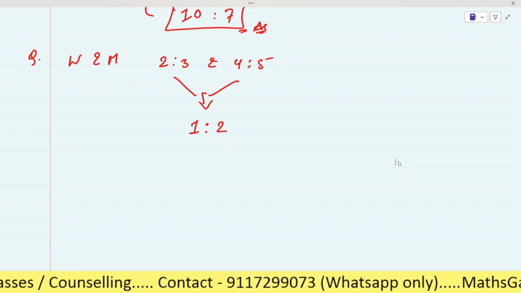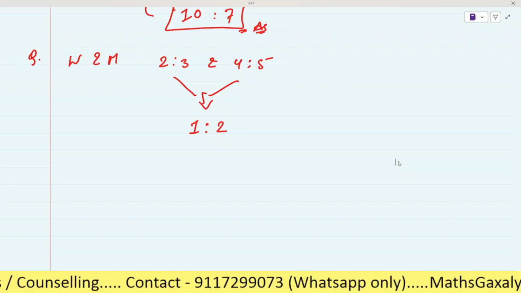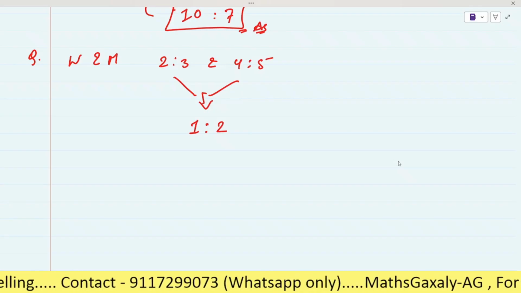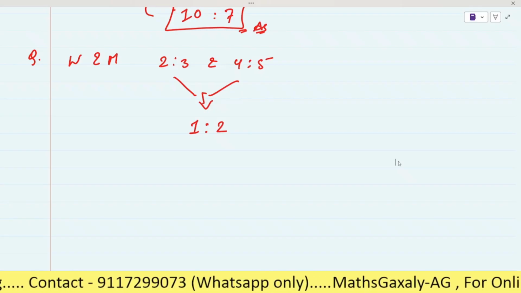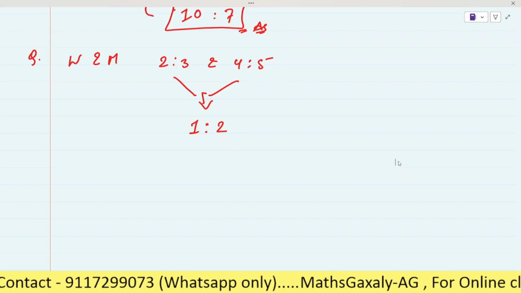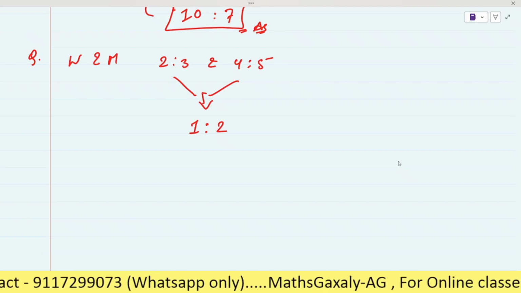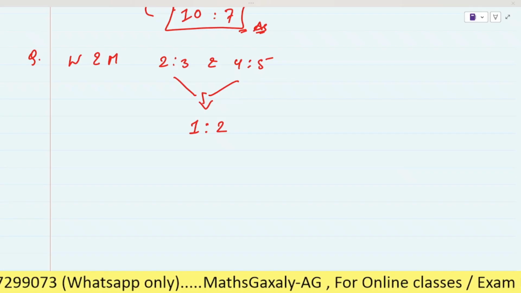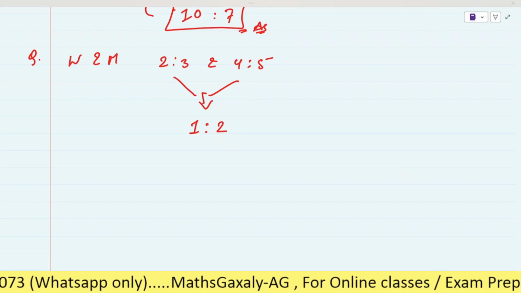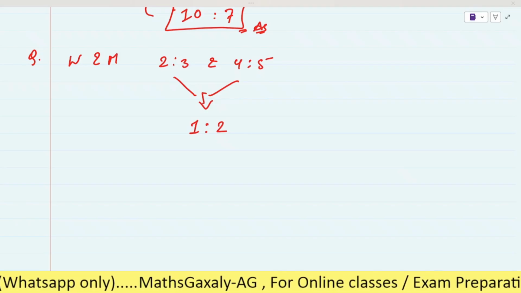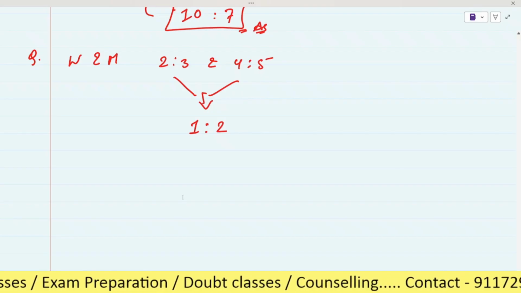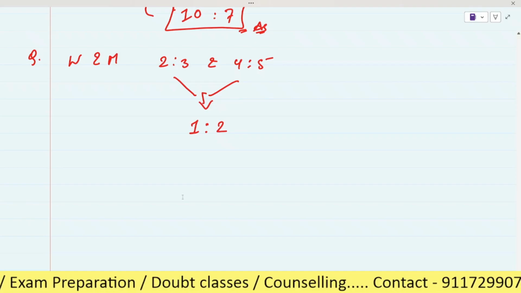They are mixed in the ratio 1 is to 2, meaning these two containers are mixed in the ratio of 1 is to 2. The resulting mixture will have water and milk in the ratio; you have to just find it. Okay, no problem. Let's see how you will solve this type of question.